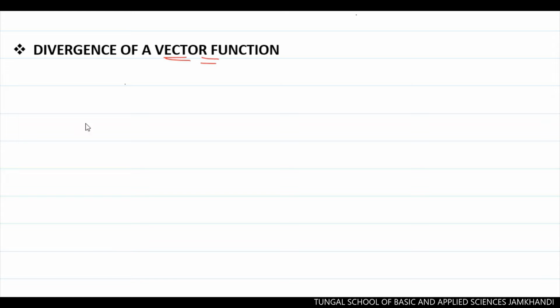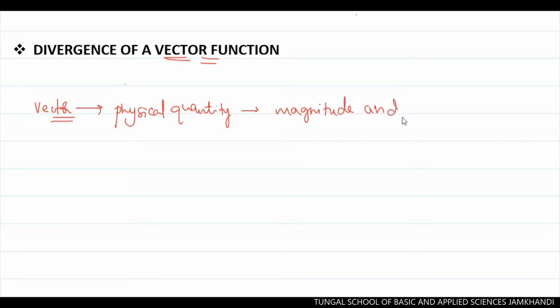A vector is a physical quantity which has both magnitude and direction. That physical quantity is called a vector quantity or vector function.